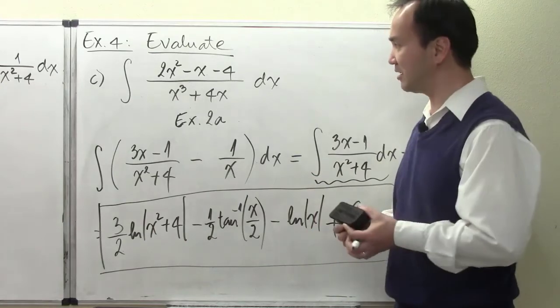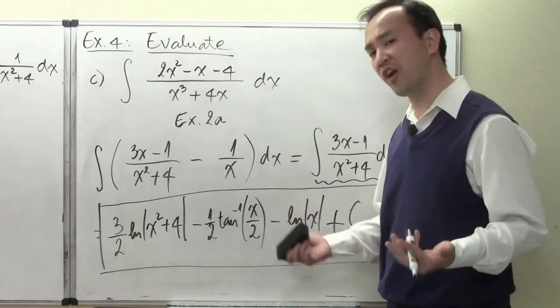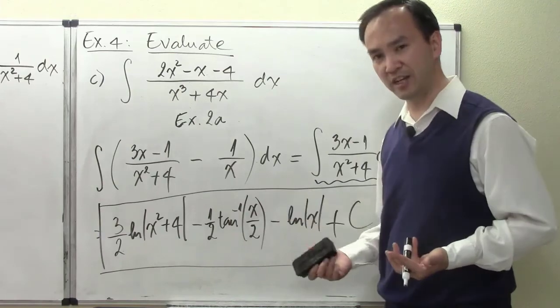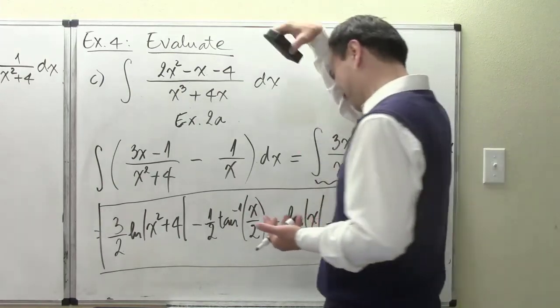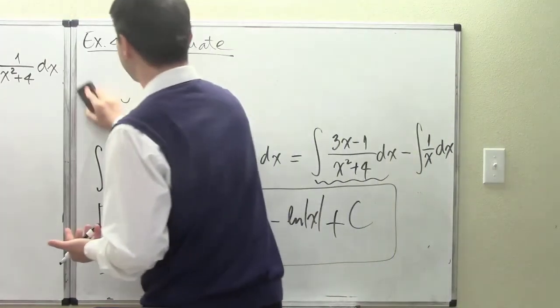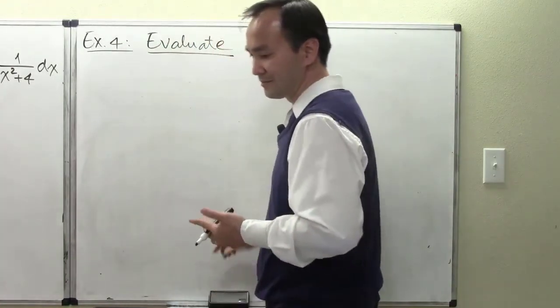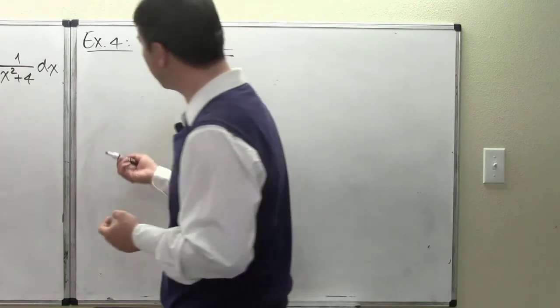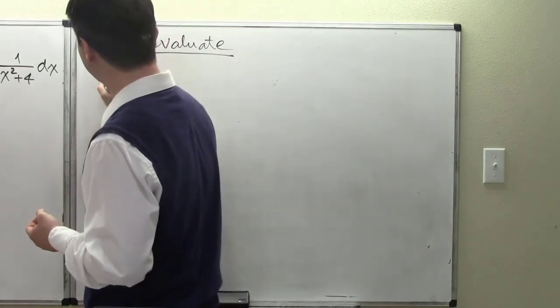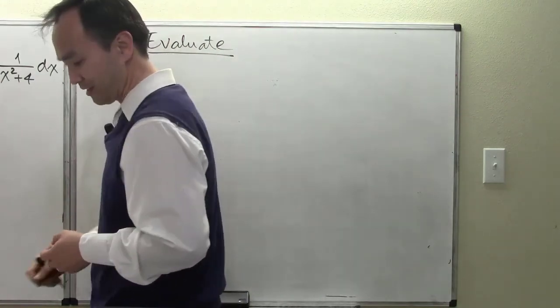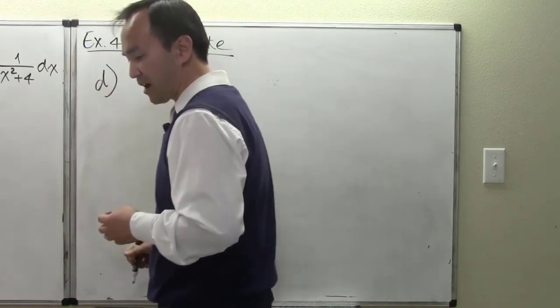So just keep looking to see how we apply the partial fraction decomposition process into any of these problems right there. Okay. So now I'm going to erase this. All right, so let's look at part D of our example. Okay, so here's the problem.